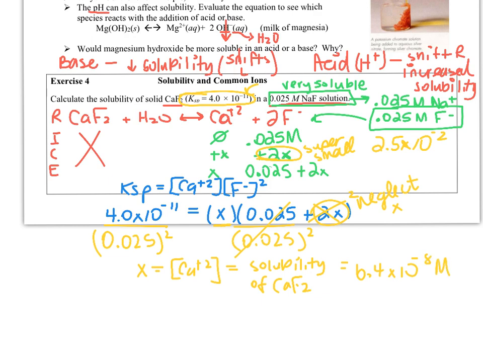So my solubility is going to end up being smaller than what it should have been. That's important. If I reworked the problem and we did not have the sodium fluoride present initially, we would see a higher solubility value, something bigger than 10 to the negative 8. Because I have that common ion present initially, that's going to decrease the solubility of that salt.